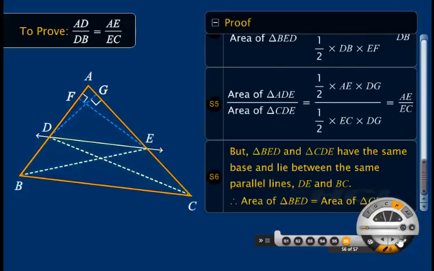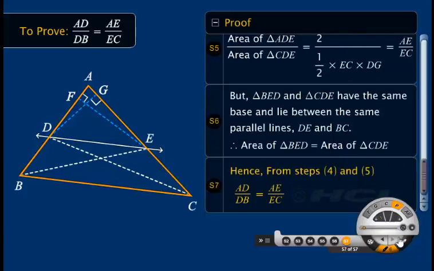Triangles BED and CDE have the same base DE and lie between the same parallel lines DE and BC. Therefore, the areas of triangles BED and CDE are equal. As the areas of triangle BED and triangle CDE are equal, the ratio of AD to DB is the same as the ratio of AE to EC.